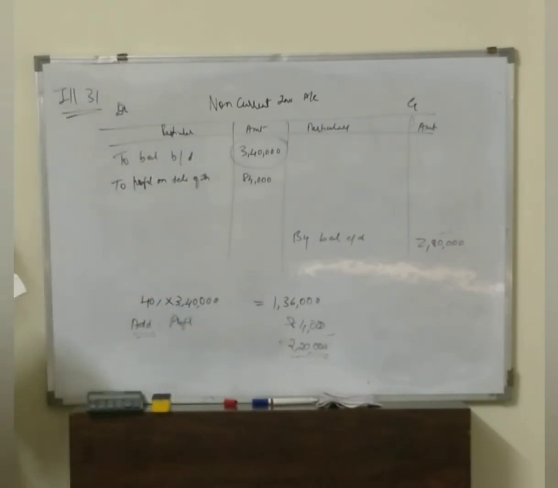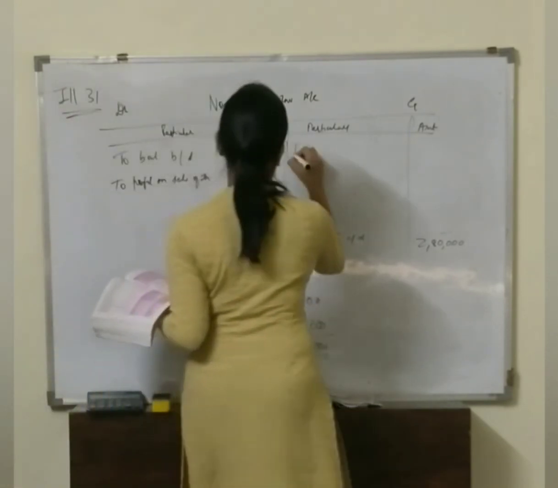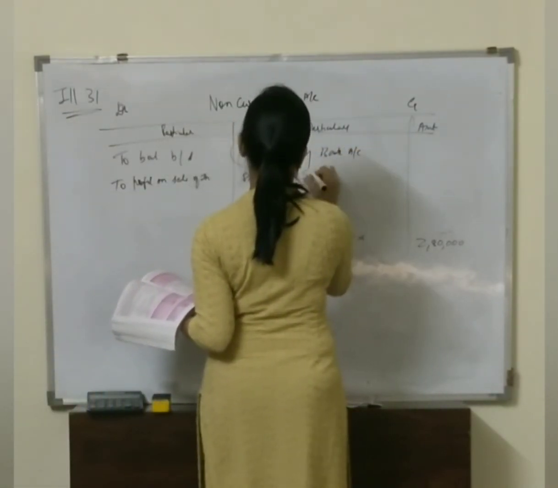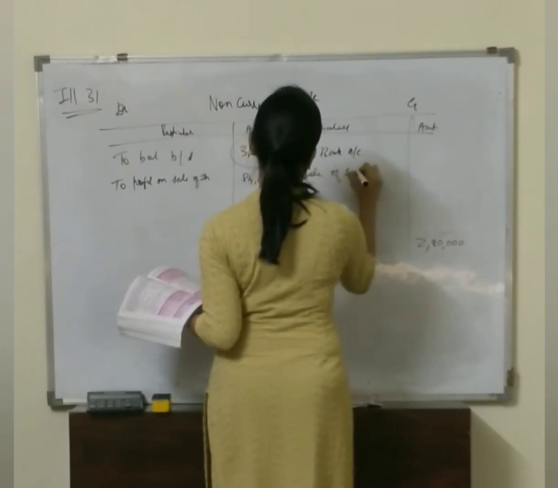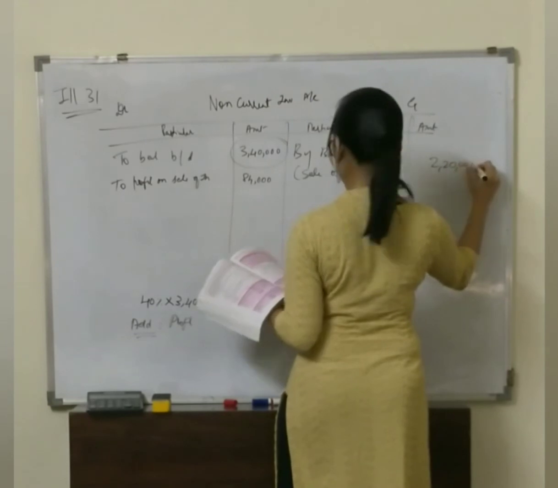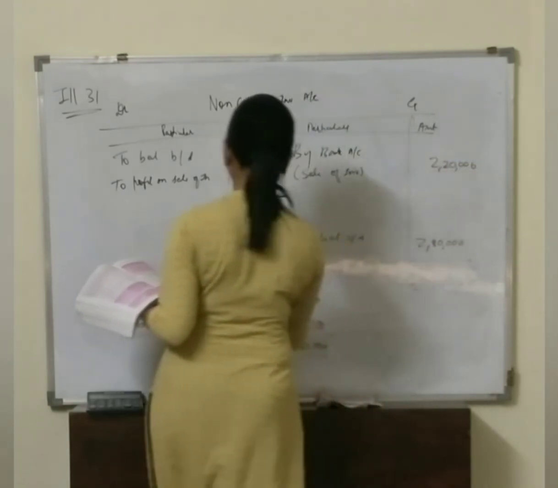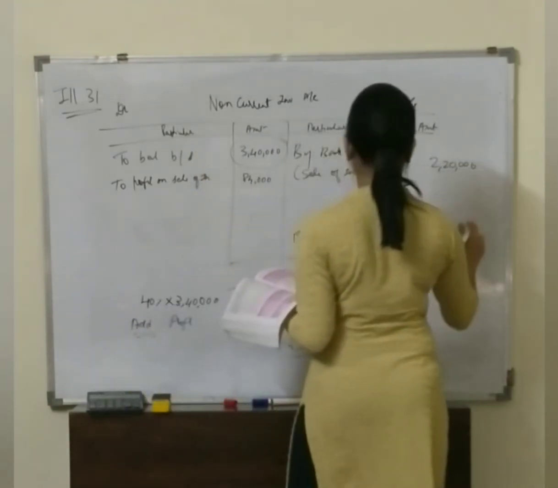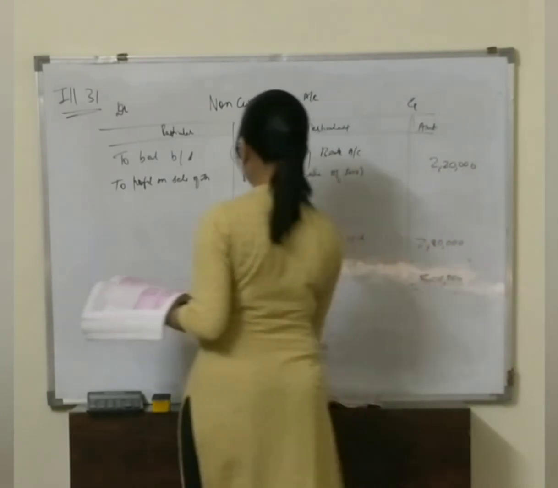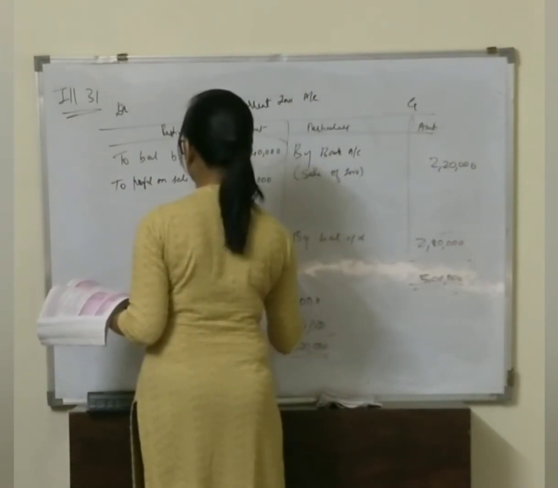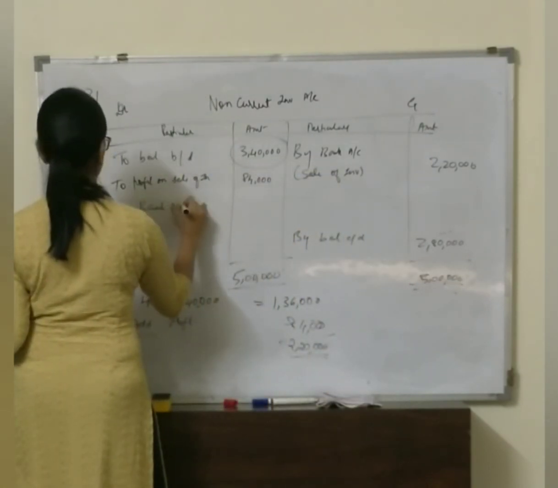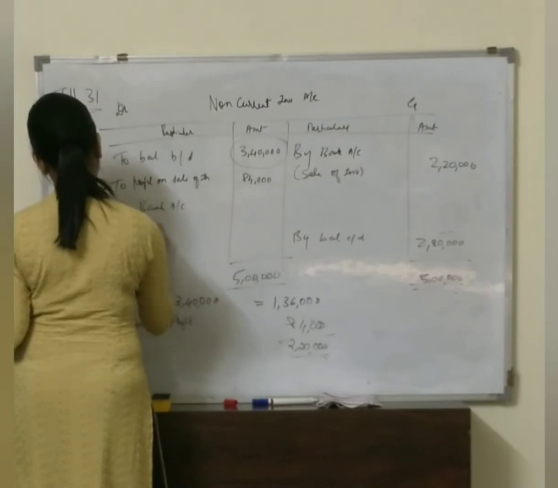So 2,20,000 is a sale amount by bank account, in bracket sale of investment. We total both the sides. Which side is more? Our credit side is more, that is 5 lakh. We write the total both the sides 5 lakh. Whatever balancing figure we get, it is to bank account, in bracket purchase of investment, 76,000.